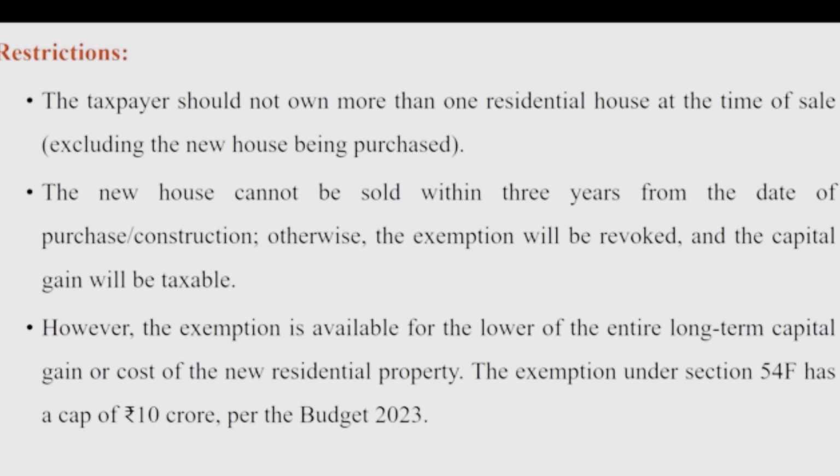Then the holding period: the new house must not be sold within 3 years, or the exemption will be revoked and the capital gain will become taxable. And the exemption limit: it is given for the lower of the capital gain or the cost of the new house. Now there is a maximum limit of rupees 10 crore as per Budget 2023.